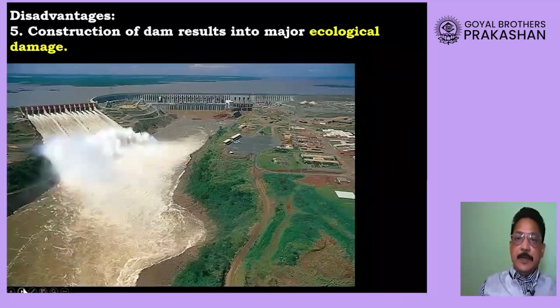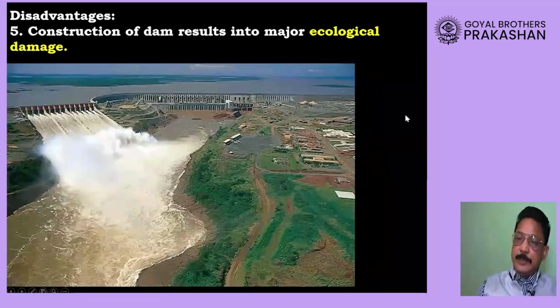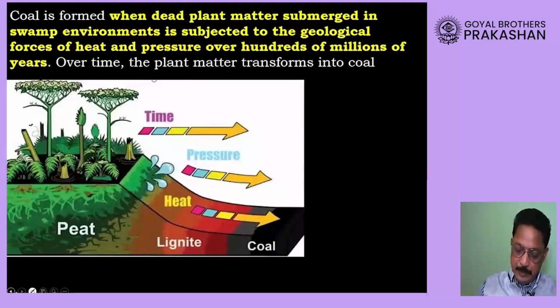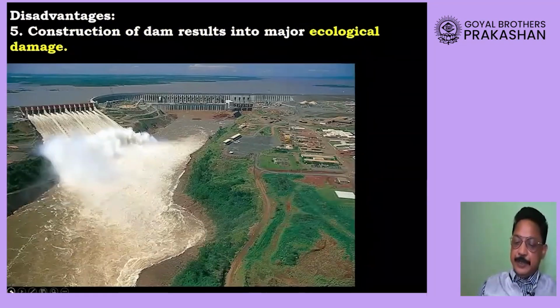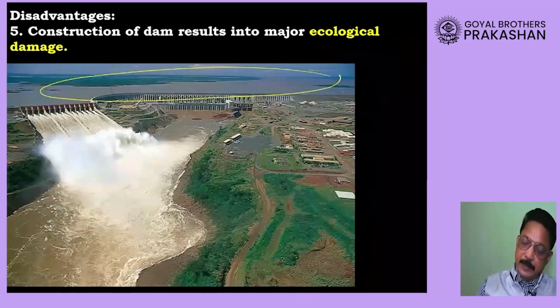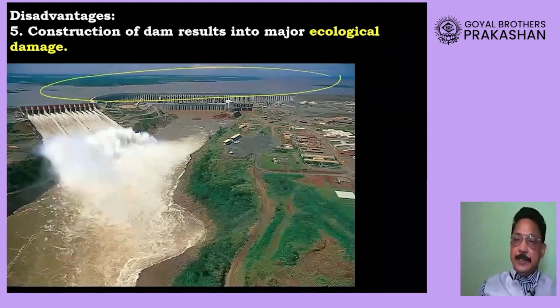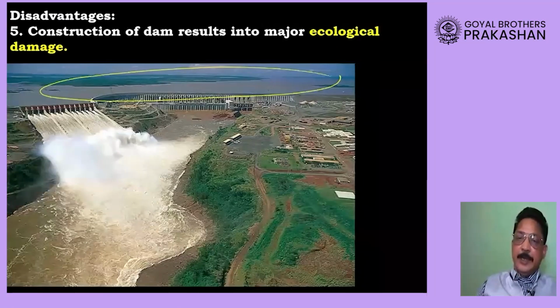One more disadvantage, dear student. Now look at this dam which is being constructed here. Whenever a dam will be constructed, okay, that time a huge amount of deforestation is to be done. Now imagine this area, dear students, where water is being stored. So there what happens? First, if there are any settlements, we have to carry out rehabilitation.